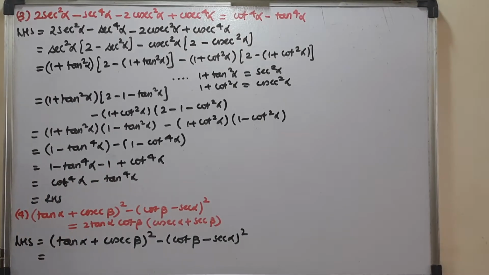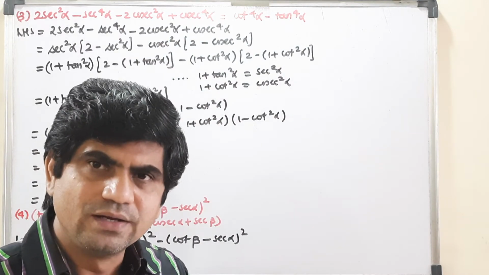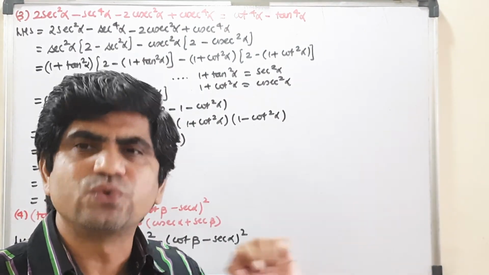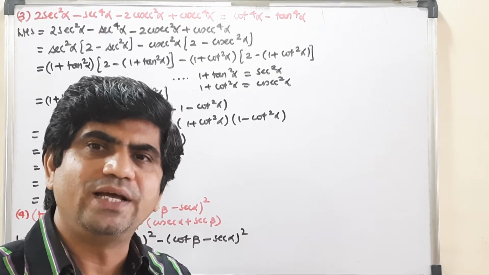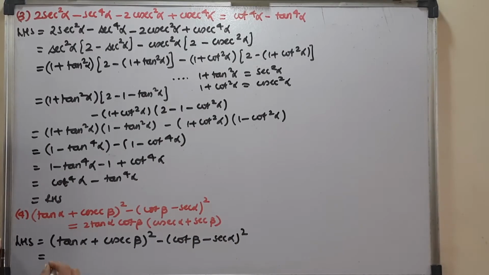I will expand it using the formula a plus b the whole square, which is a square plus 2ab plus b square, which also can be written as a square plus b square plus 2ab. So I will be writing in that particular format.